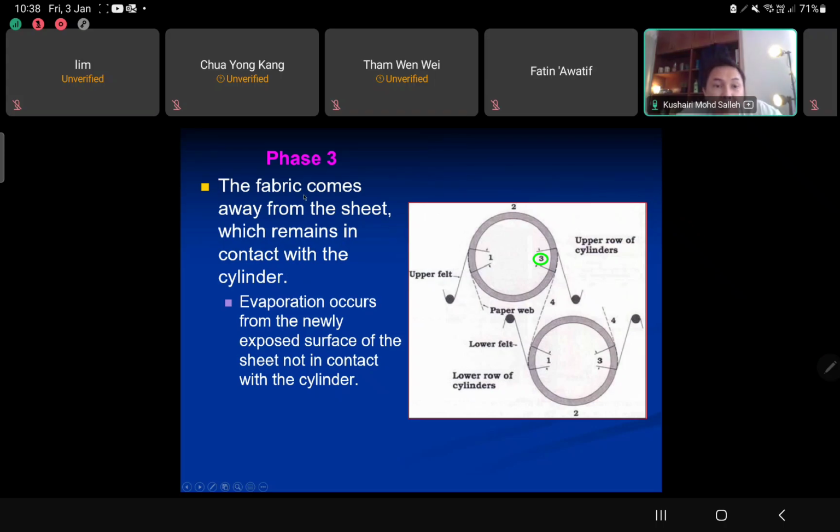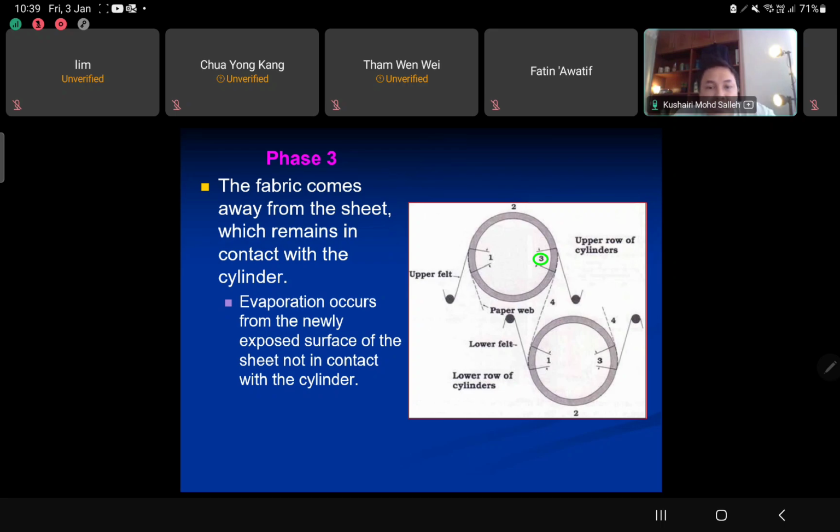We are talking about the fabric, the felt. Evaporation occurs from the newly exposed surface of the sheet, not in contact with the cylinder. During phase 2 there is little or no evaporation, but the temperature is increased in order to have a very efficient drying process.